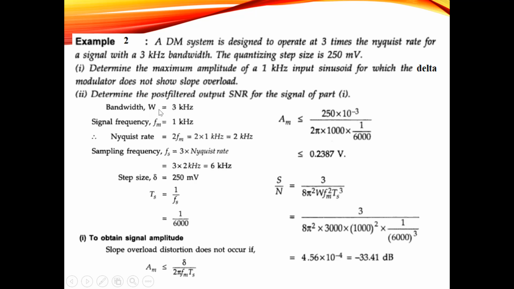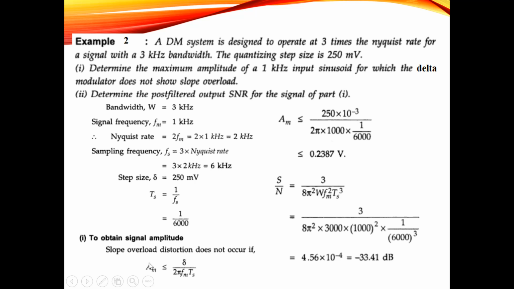In this case we again go with the same steps. We find the bandwidth of the input signal, that is the signal frequency; the Nyquist rate, that is 2 fm, so it's 2 kilohertz. The sampling frequency, as it is given as 3 times the Nyquist rate, so fs is equal to 6 kilohertz, 3 into 2 kilohertz. Then the step size is given, and from fs we can find Ts.